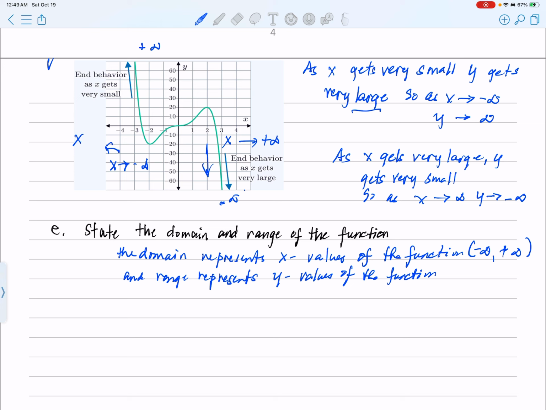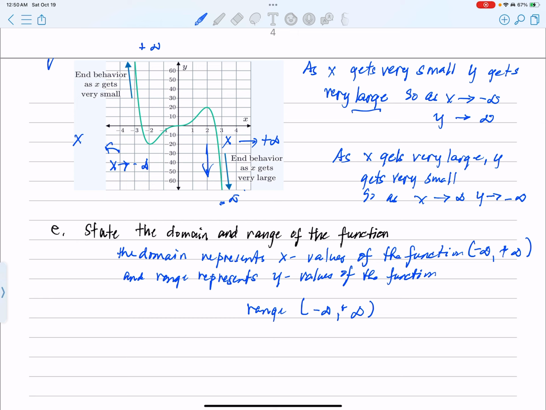Since the y values continue to increase large and decrease small, our range would be from negative to positive infinity.